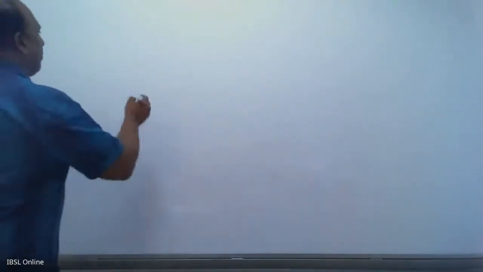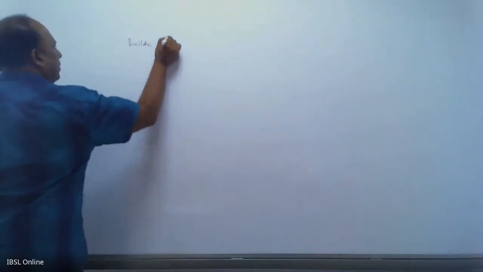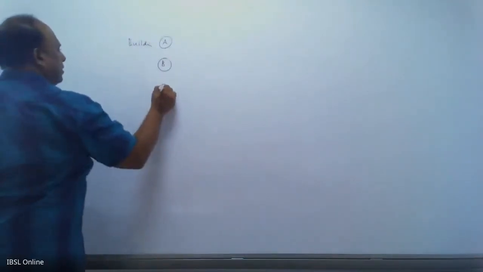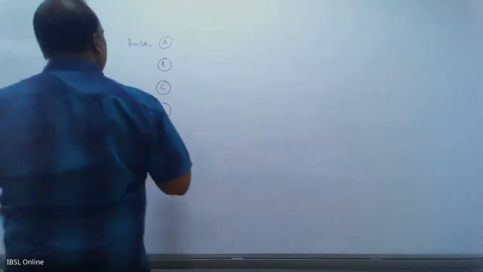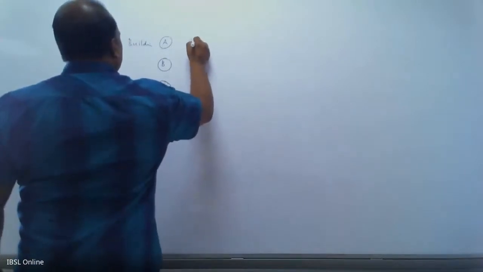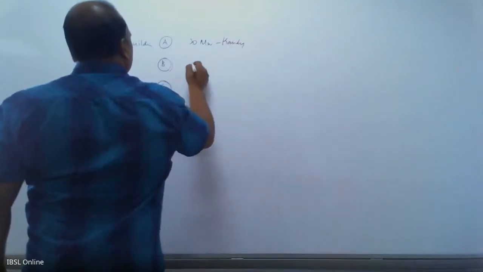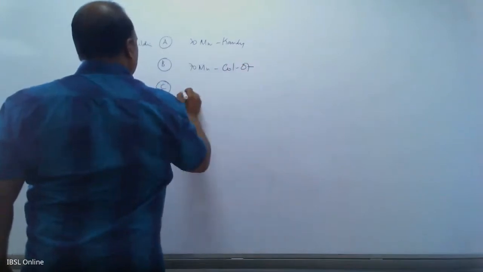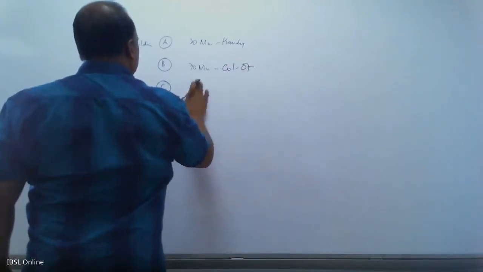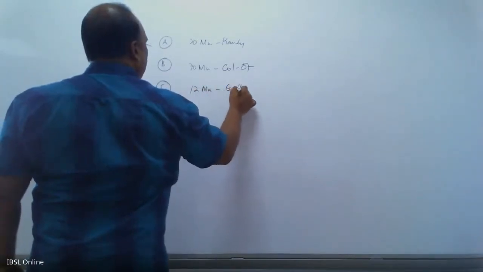Now, let's assume that you have 5 buildings. Building A, B, C, D, and E. And let's say I'm telling you that this is 20 million and this is in Kandy. This is 70 million in Colombo 7. This is, let's say, 12 million in Galle.